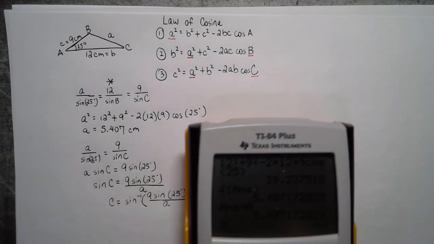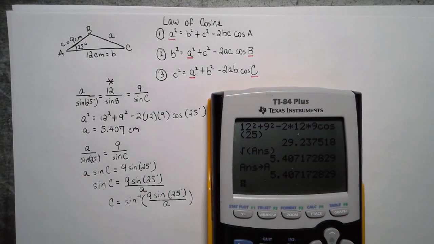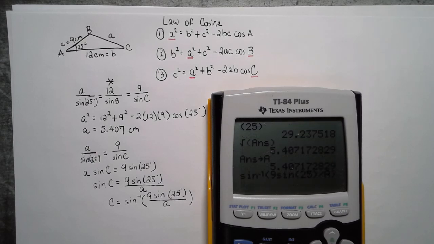So here's the calculator. I'll do arc sine of 9 sine of 25 degrees divided by the side A, which I stored in A as well, and that gets me this angle right here, which I'm going to store as angle C.